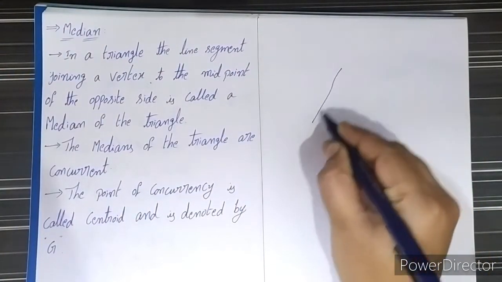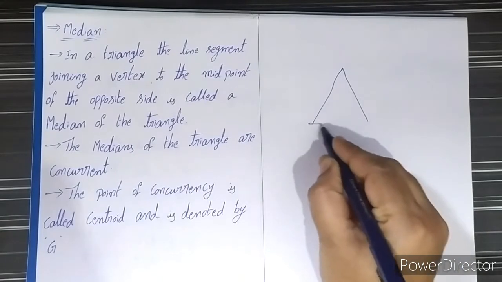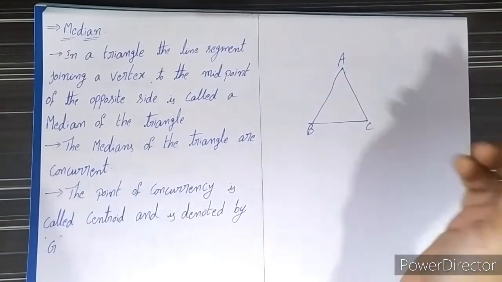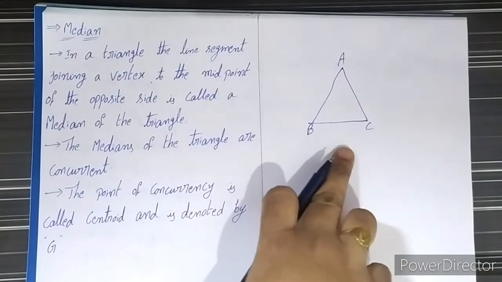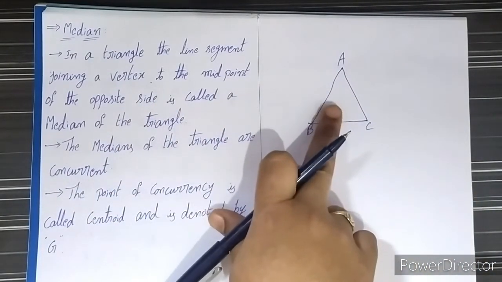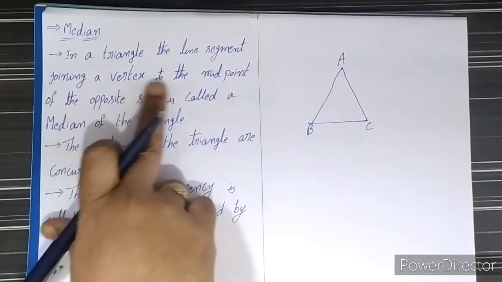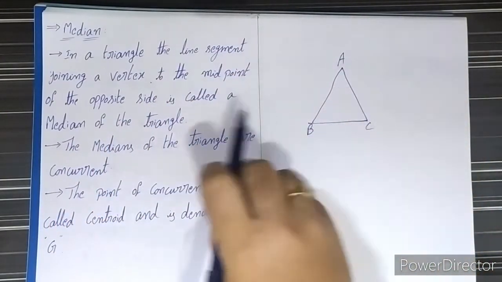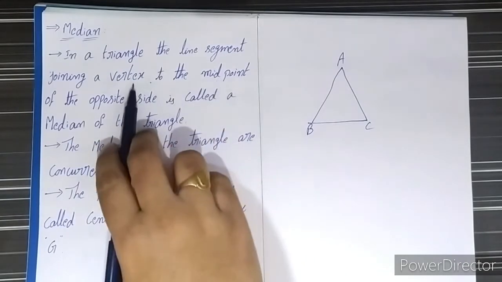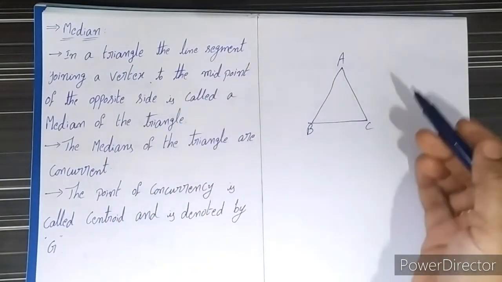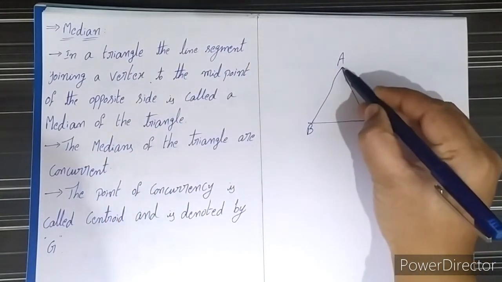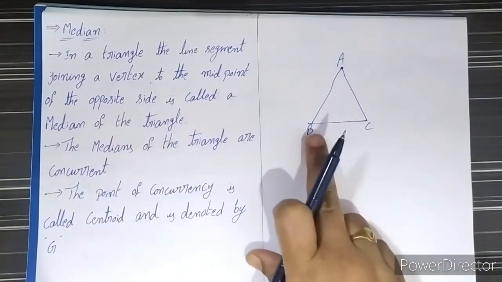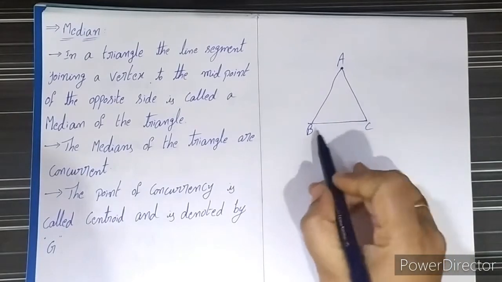This means, this is the triangle ABC. Median is defined as, in this triangle, a line segment joining a vertex to the midpoint. One line segment is drawn from the vertex to the midpoint. We draw from the vertex A to the midpoint of the opposite side, that means opposite side BC.